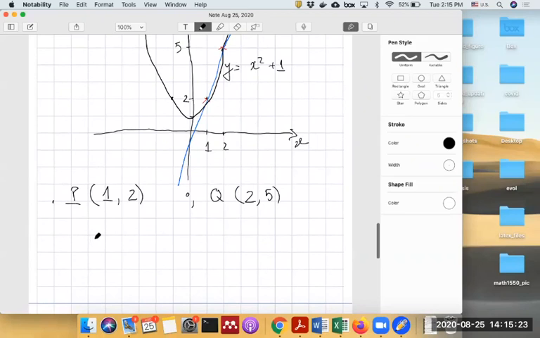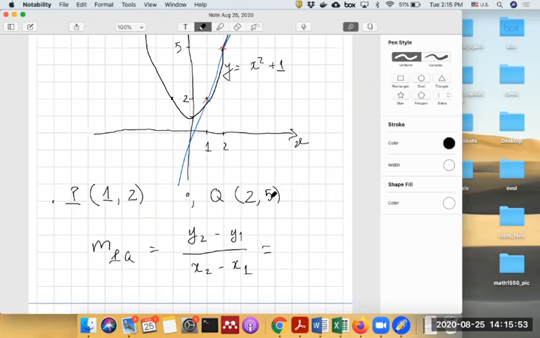And so what we need to do in order to draw a line of this, we need to know the slope, right? And the slope of P and Q will be the change in y, or we can write it y2 minus y1 divided by the change in x, right? And in our case, we call Q the second point.